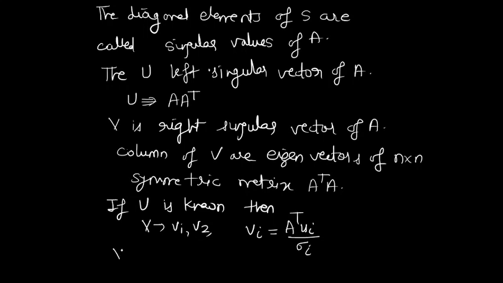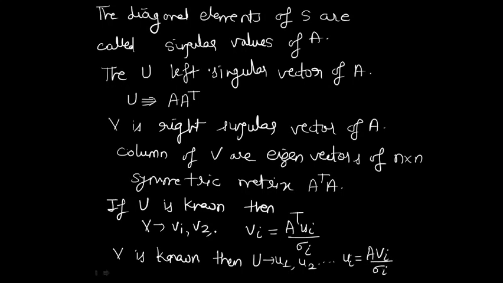Similarly, if V is known and we wish to find U, how to obtain it? The elements of U will be denoted here by U1, U2 up to Un. That is given by Ui is equal to A Vi upon sigma i.